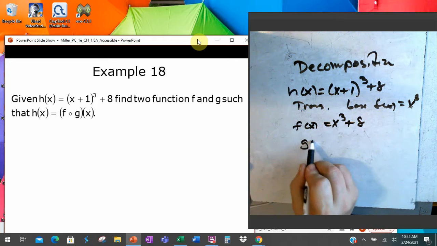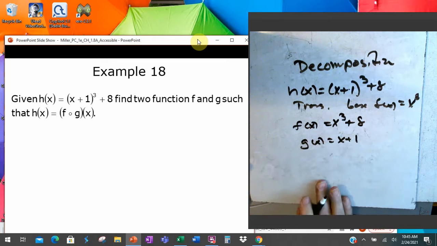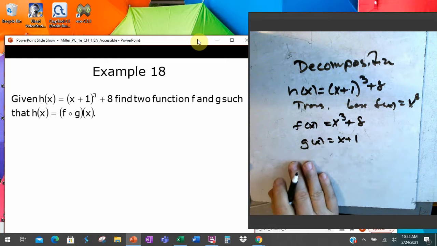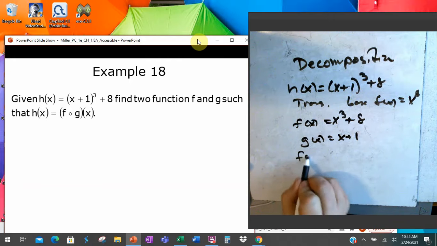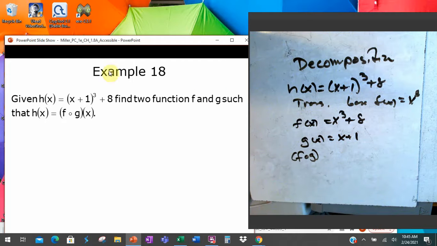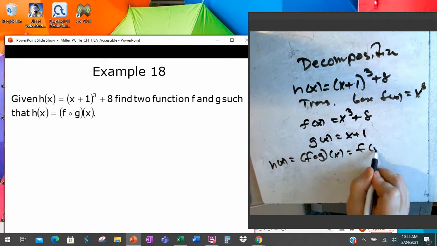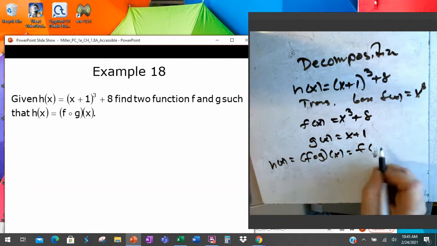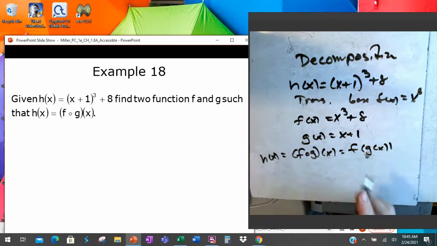And then my g of x would be my x plus 1. In this case, if I did f circle g, I'm forming h of x, which is this thing, f of g of x, f on the outside, g on the inside.